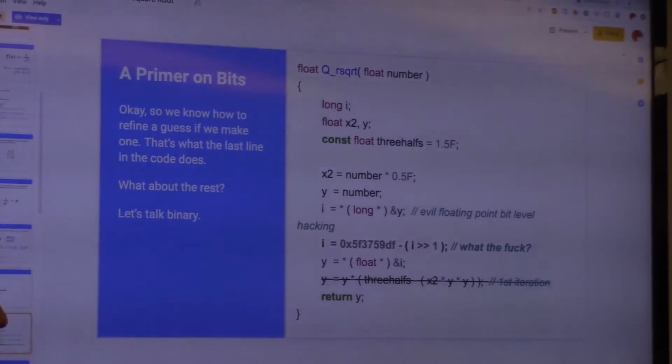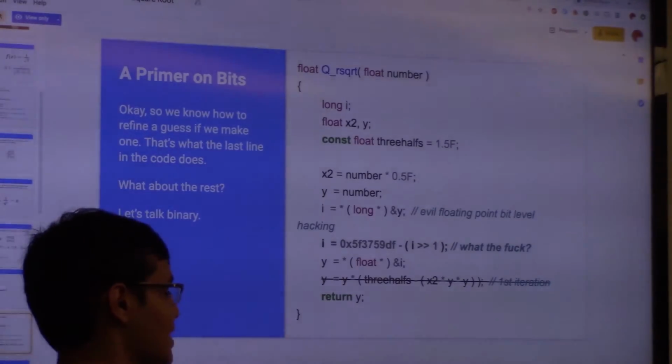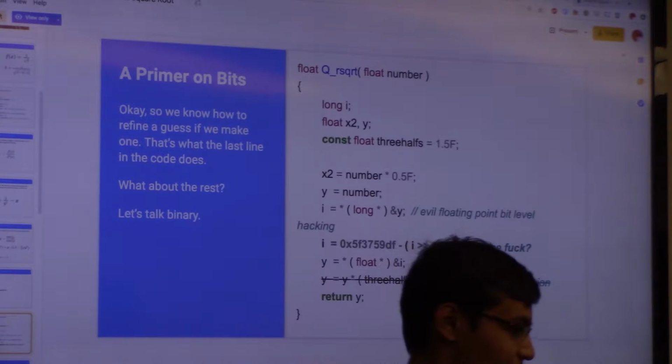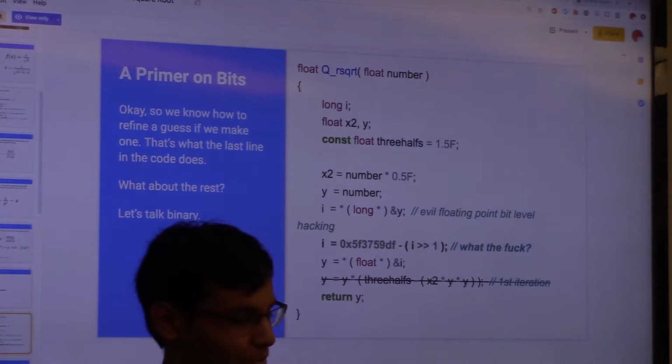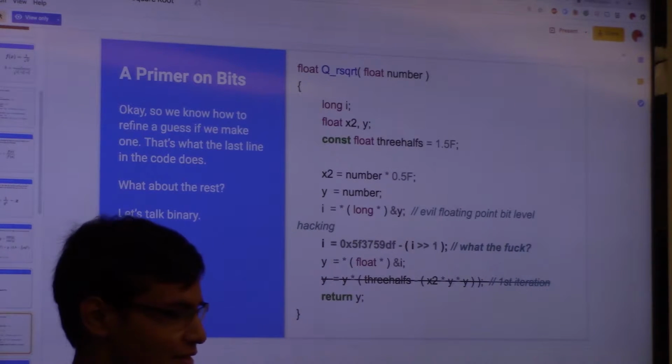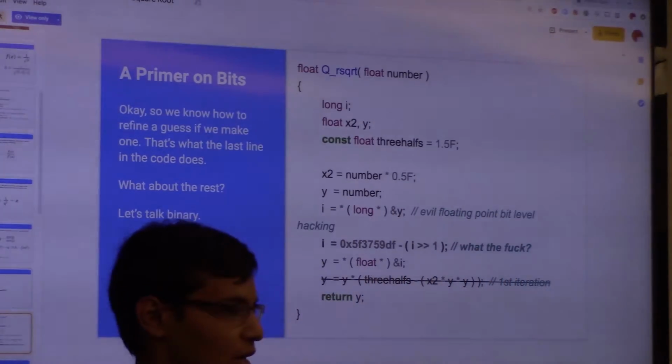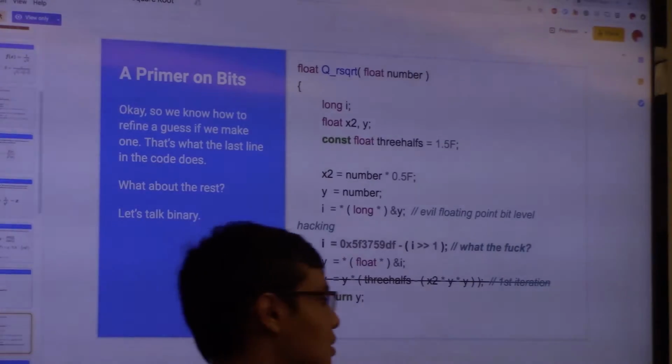I'm going to explain what bit operations you need to know, and that's what the talk is actually supposed to be about. So we've established that if we have a guess, and a really good one at that, we can somewhat improve it and we'll be happy. We'll have a nice answer and we can use that to compute whatever we want. We can use that to compute our vector.